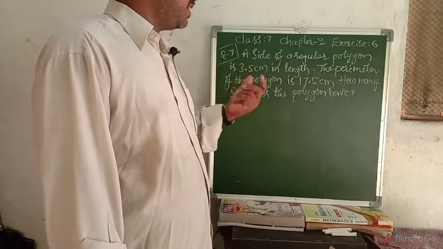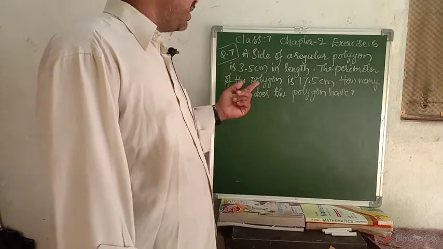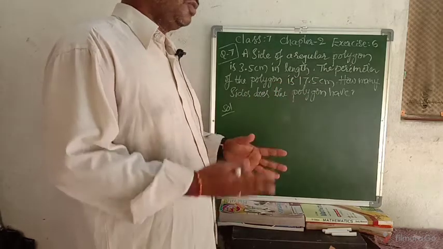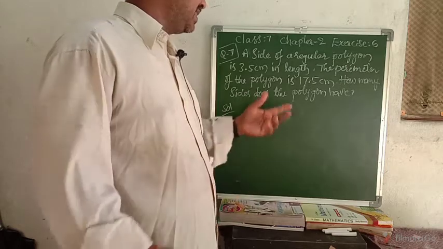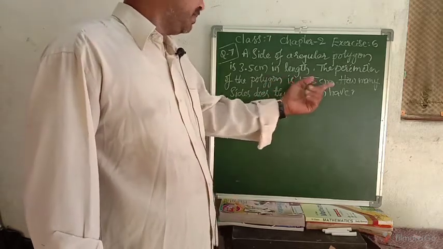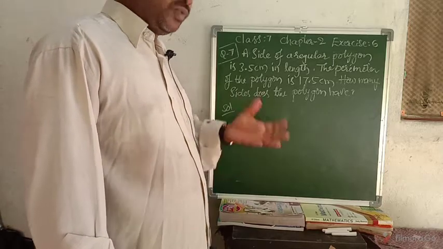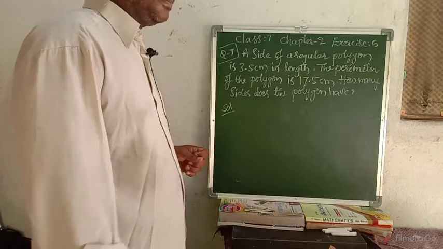The perimeter of the polygon is 17.5 centimeters. So all sides together have a length of 17.5 centimeters. How many sides does the polygon have? So we have to find the number of sides of the polygon.